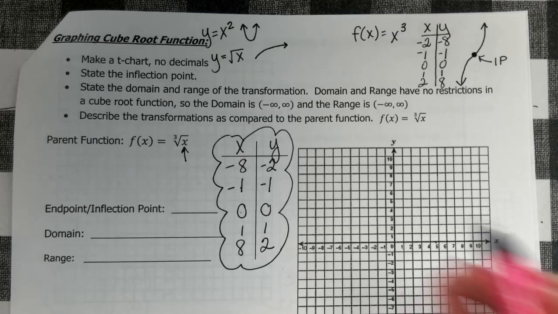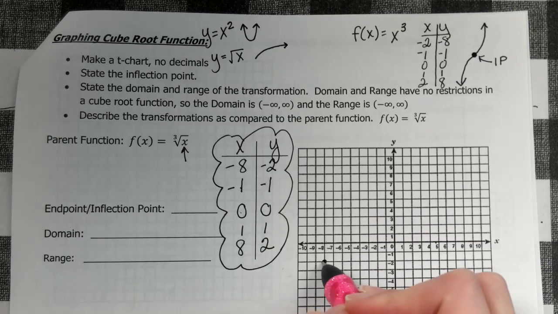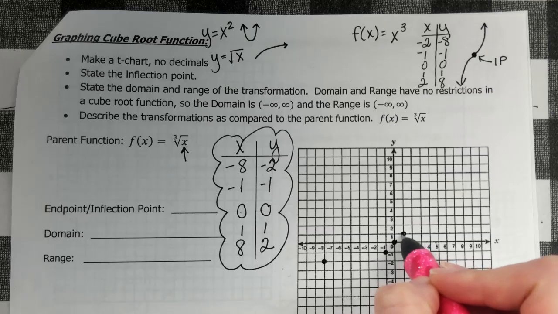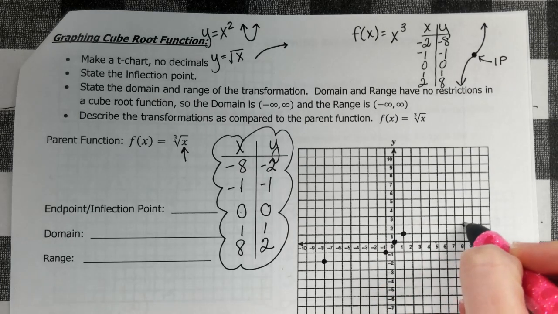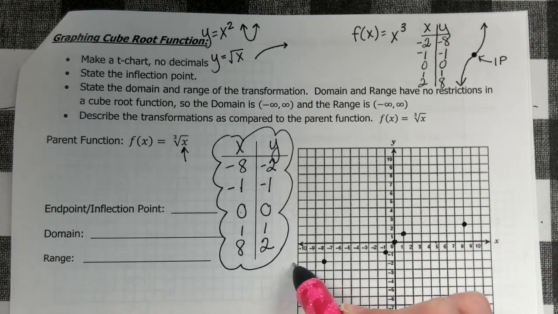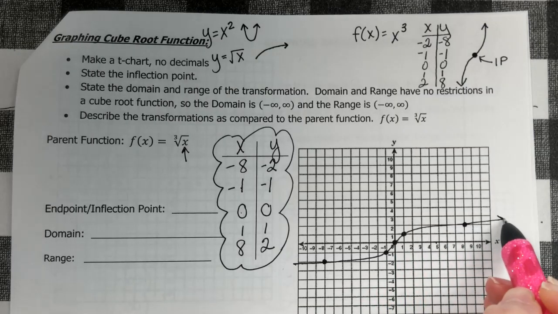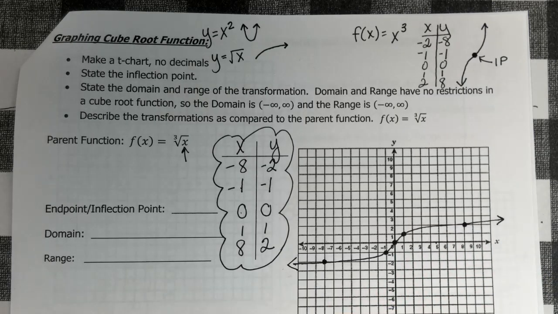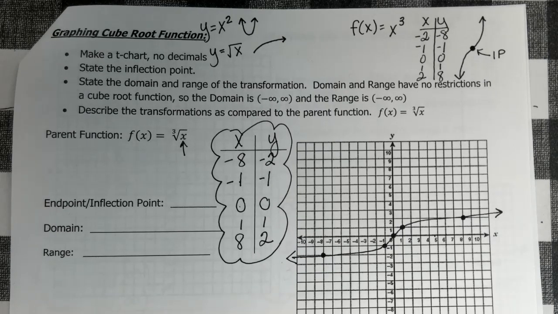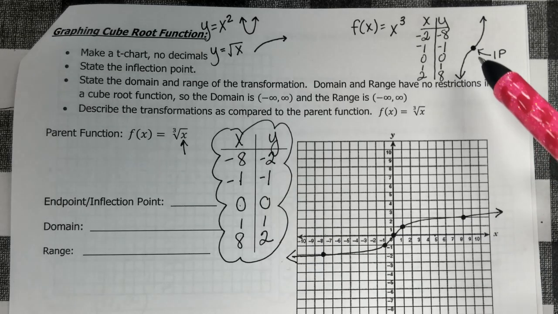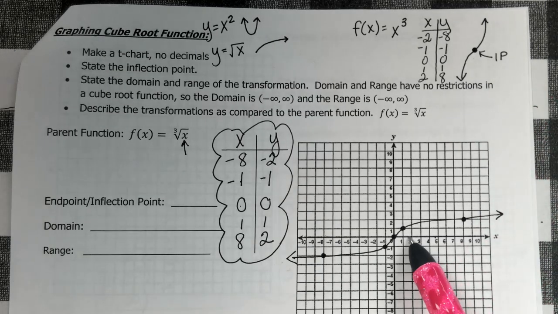Okay? So when I graph this, negative 8, negative 2, negative 1, negative 1, 0, 0, 1, 1, and 8, 2, it looks like that. So it looks like x cubed, but on its side.